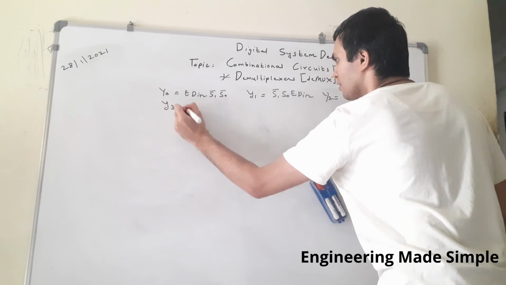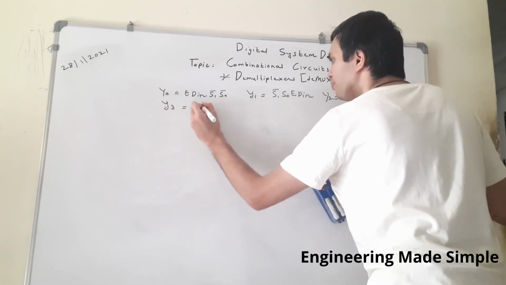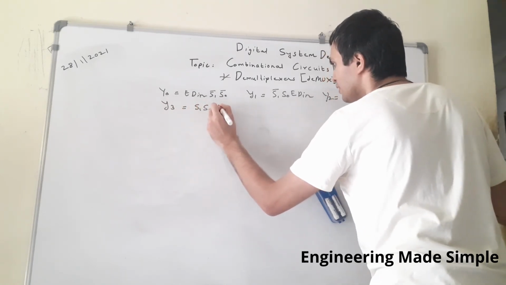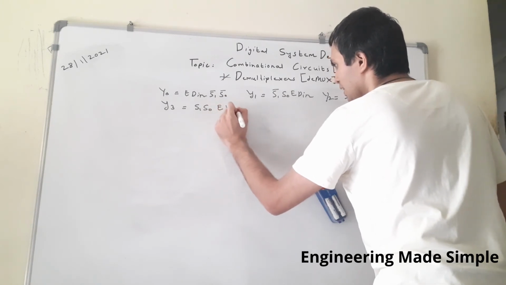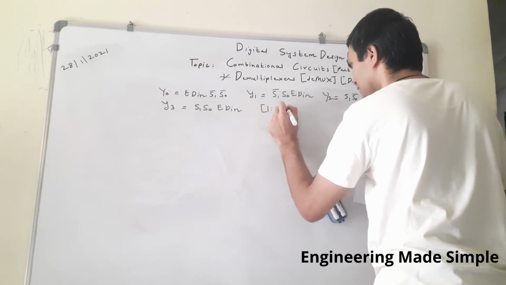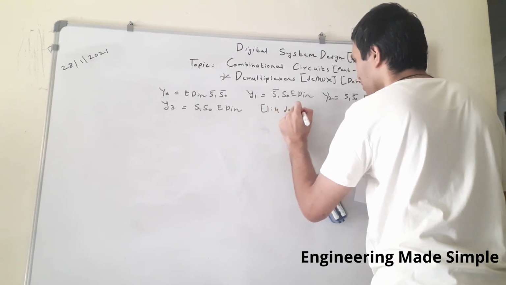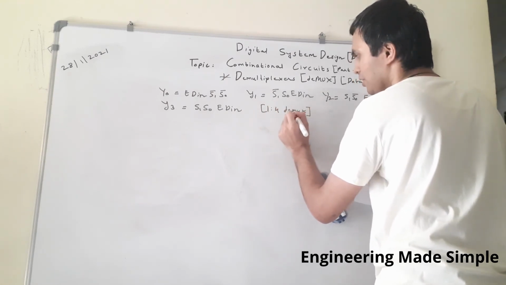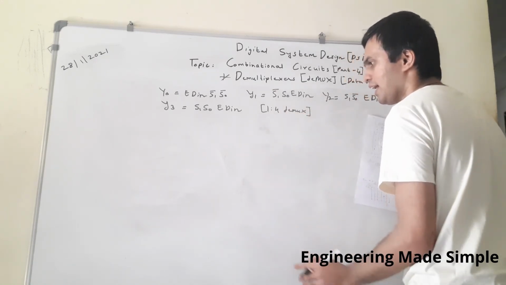Y3 was S1 S0 E D_in. These are the output equations for the 1:4 demultiplexer circuit. Now let us start its implementation using basic gates.